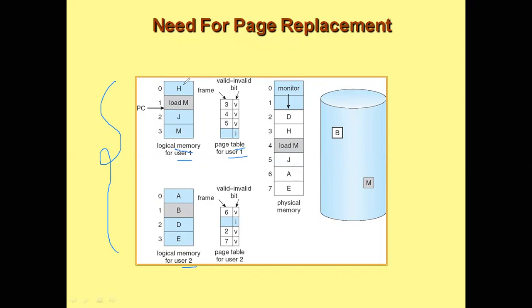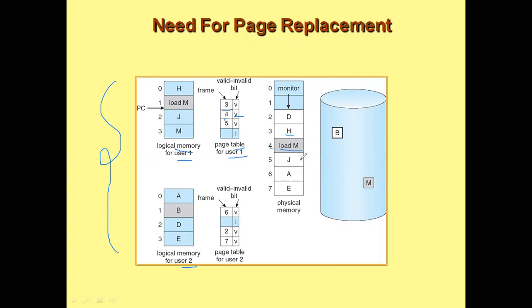If it is I, then it means that that particular page isn't in the main memory. So here, H, Load M, J and M correspond to these bits. H is valid, that means we have H in the main memory. Load M is also valid, and it is in the main memory with a frame number 4, and H has a frame number 3.